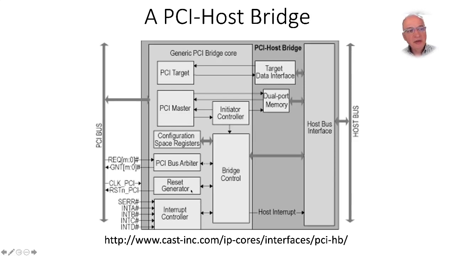One of the things that may be familiar to you is this block on the bottom here, the interrupt controller. The interrupt controller for this PCI bus will take interrupts from devices connected to this bus and decide whether it can handle the interrupt itself, or whether it needs to bring an interrupt to the main processor through the host bus.